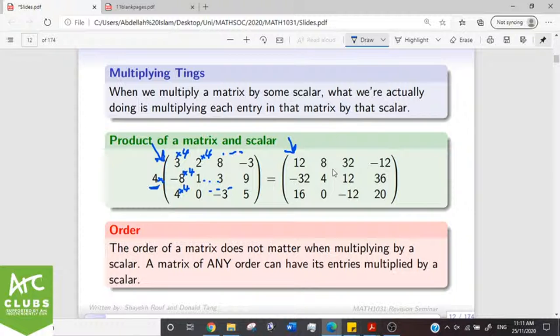And it doesn't matter what order we multiply a scalar by. So like we can have 2, 1, 3, 3 times 4, and that'll be the same as 4 times 2, 1, 3, 3.